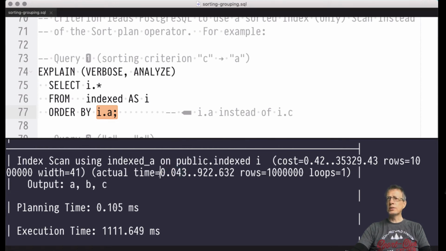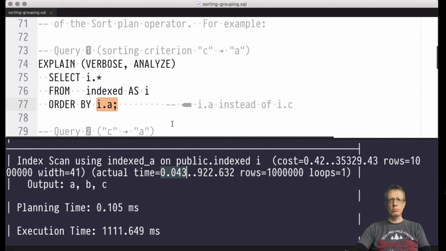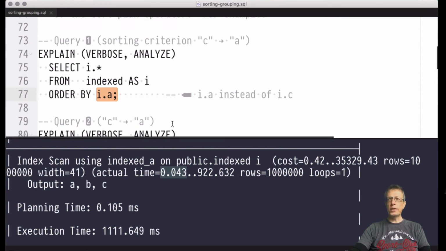Since the index is already sorted in A order, we can simply start our index scan from the very left of the sequence set and immediately start to emit rows. There is no latency and no waiting time involved. The first row will appear immediately after the query has started. That's completely different behavior compared to the explicit sort. Yet another reason for the system to prefer index scanning: reduced latency, reduced waiting time.